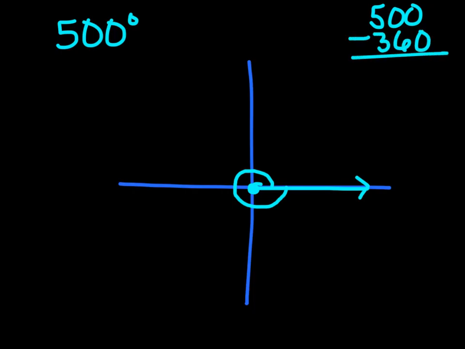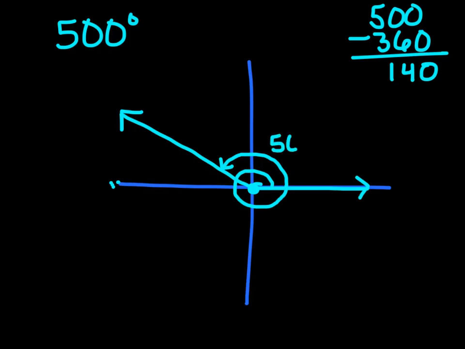That's going to be 140 degrees more. So I went around 360 already, and then I need to go 140 more. I know this is where 180 hits, so it's going to be over here. So you'll draw the spiral, implying the direction and writing 500 degrees on it.